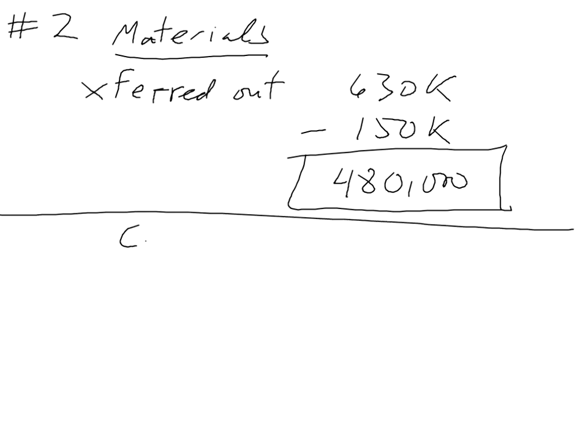For conversion costs, we have a few different calculations to do. One thing we're going to do is look at beginning inventory. Beginning inventory, the problem says that we are 60% complete as to conversion cost.